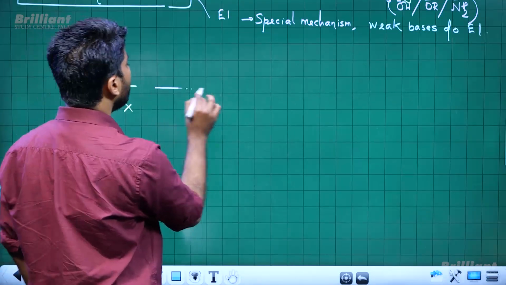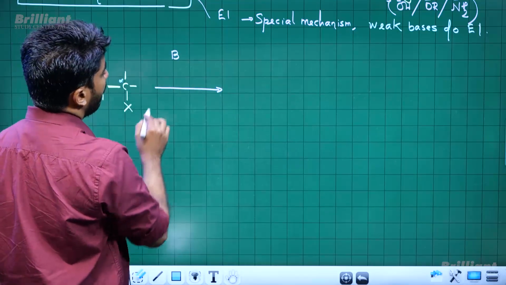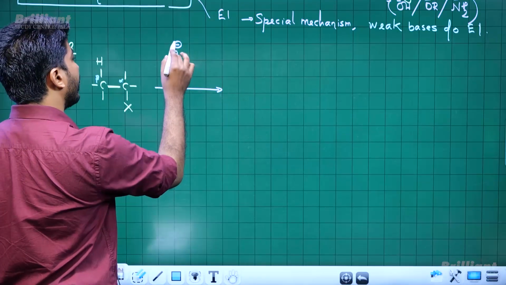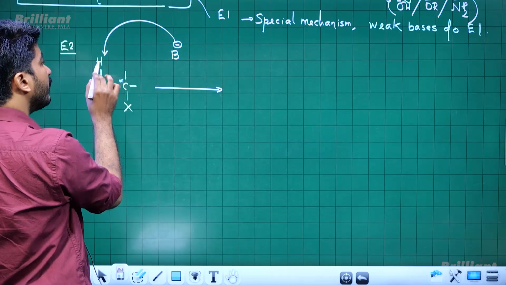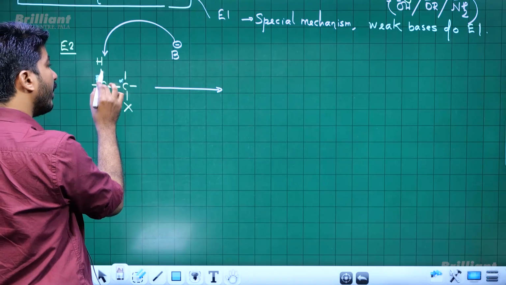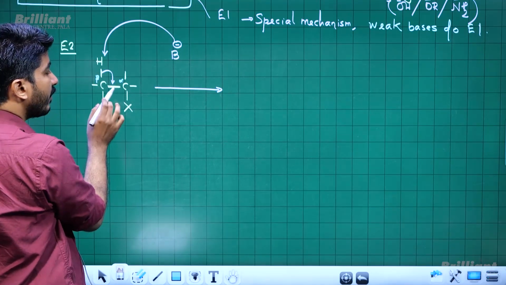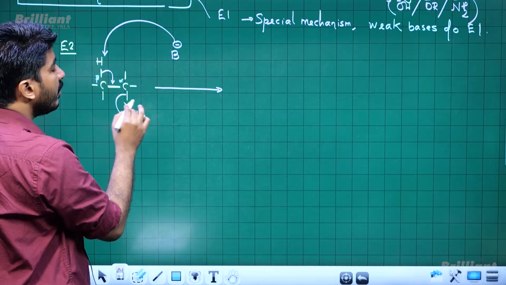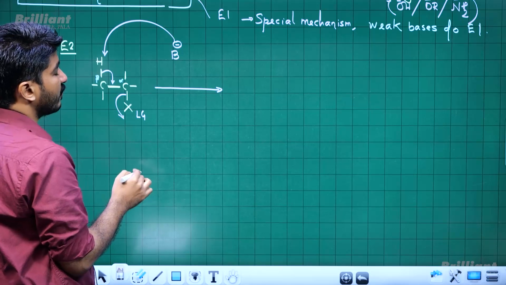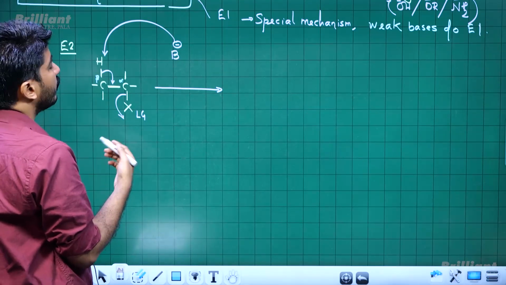If it is an E2 reaction, then we are taking a base, let's call it B minus. B minus just takes this H plus, and those bond electrons shift to here, and thus the halogen leaves. Remember, as in SN1 and SN2, in elimination also the role of the halogen is just to leave. It is a good leaving group.